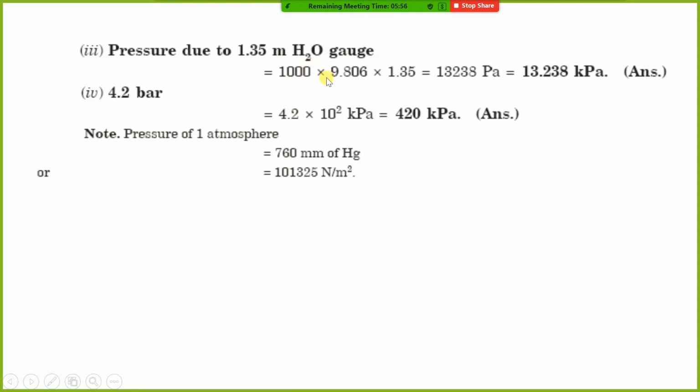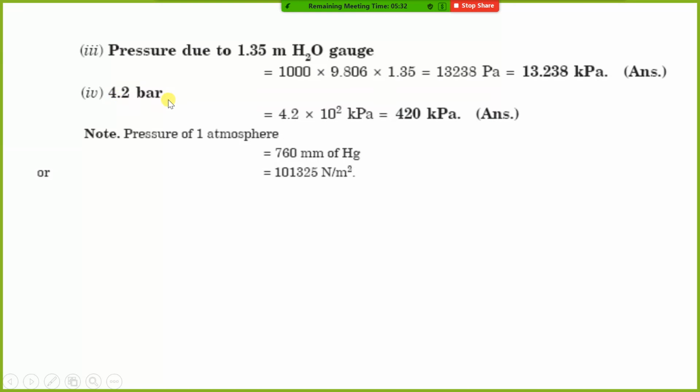The formula is rho gh. Rho is the density; the density of water is 1000. g is 9.806, or you can take 9.81, and the height is 1.35 meter. Calculate it, you will get it in Pascal: 13238 Pascal, which is equal to 13.238 kilopascal.